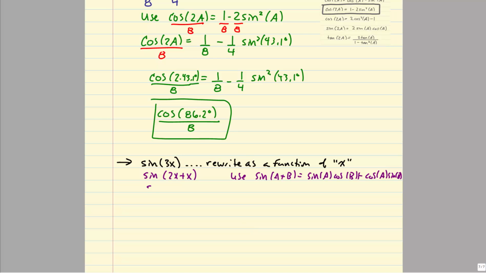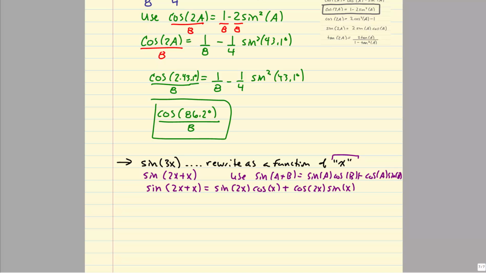So this rewrites as the sine of 2x plus x is equal to the sine of 2x cosine of x plus the cosine of 2x times the sine of x. Now remember, we have to rewrite these as a function of x, and I almost have it. I have two of these with a 2x though.